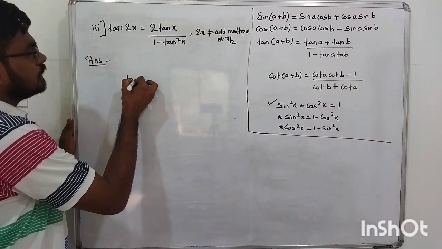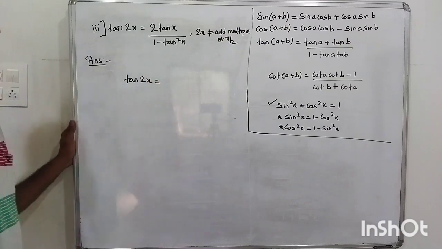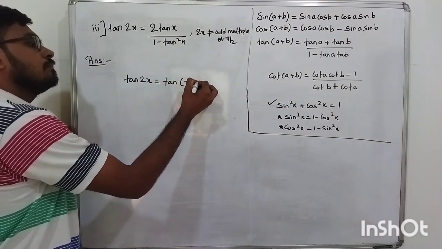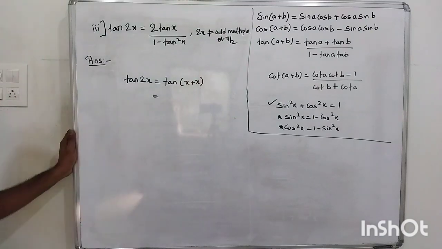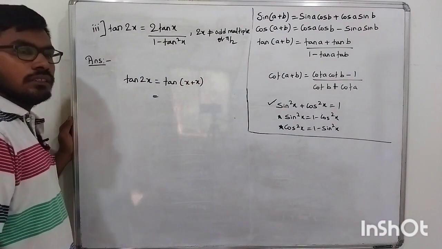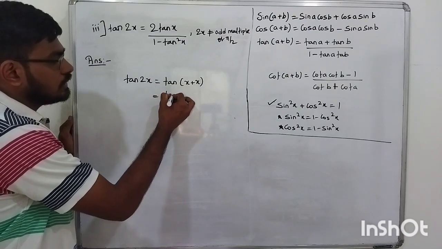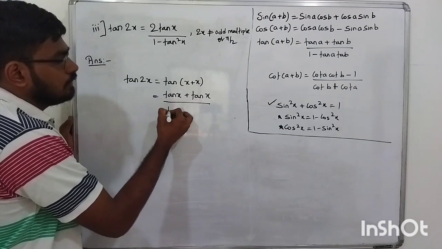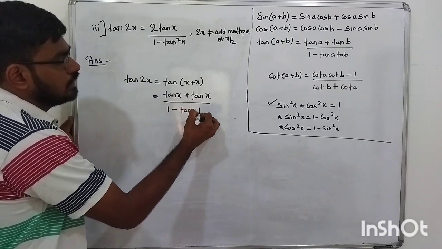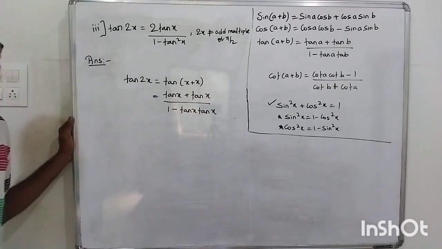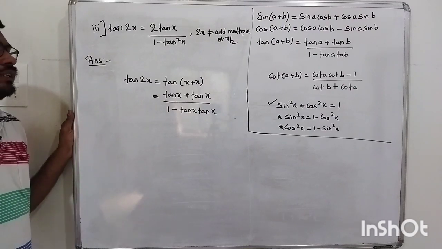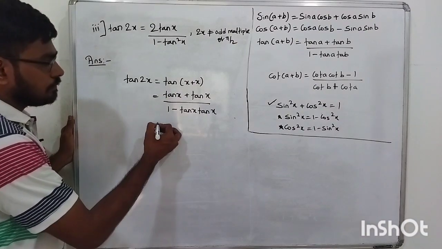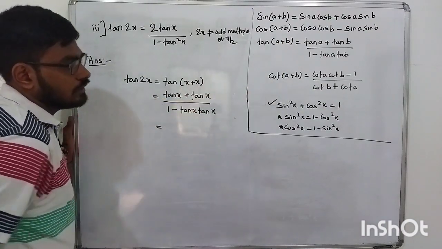So tan 2x is tan of x plus x, correct? Next, just simplify this. Tan of x plus x is tan x plus tan x upon 1 minus tan x into tan x, by this formula, correct?